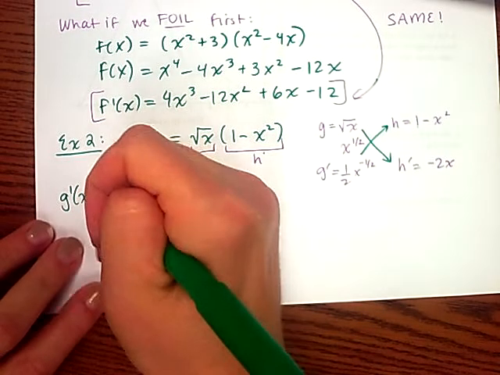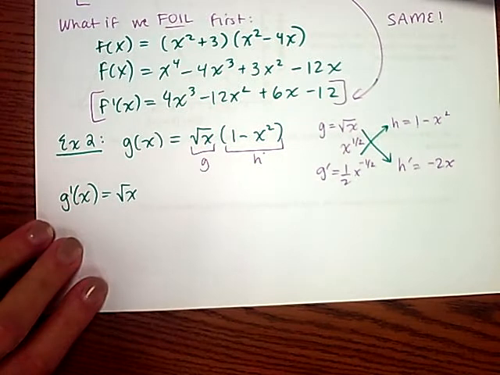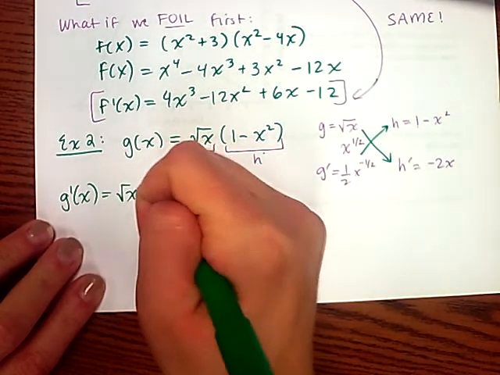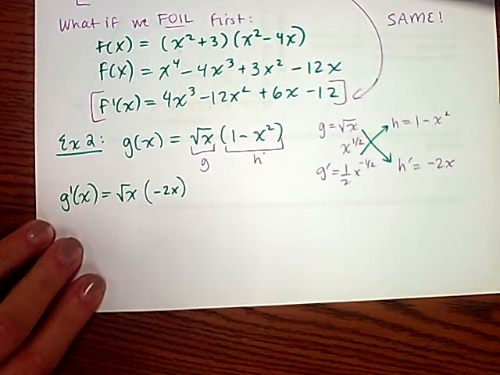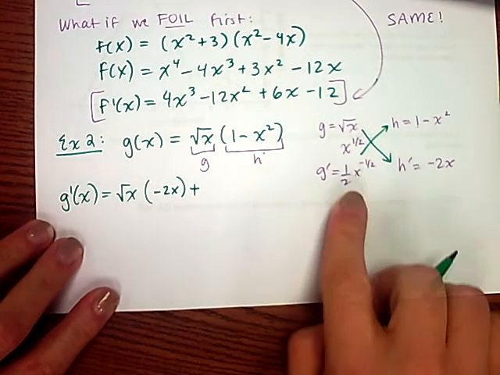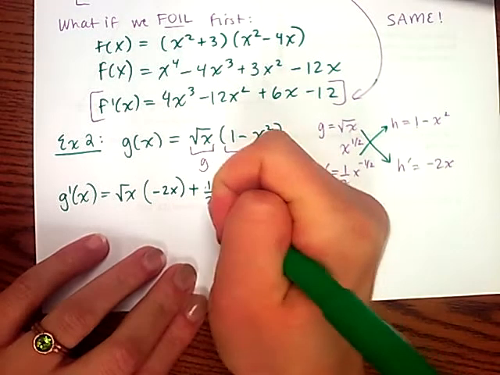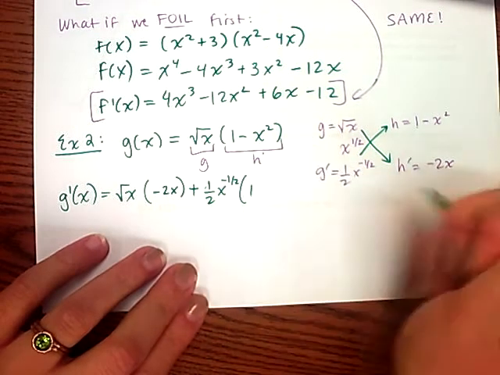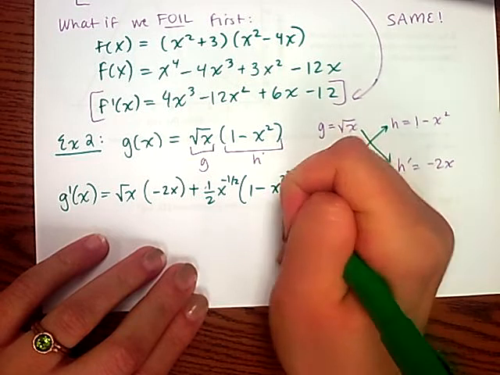So I'm going to write the square root of x times negative 2x, and then plus 1/2 x to the negative 1/2 times (1 minus x squared).